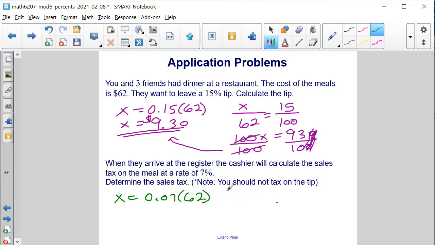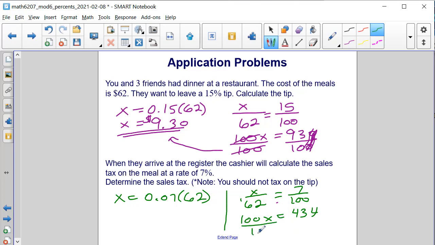Or if you prefer, you can use the proportion method, which would be x over 62 is equal to 7 over 100. And if we cross multiply, we would get 100x is equal to 62 times 7, which would be 434.